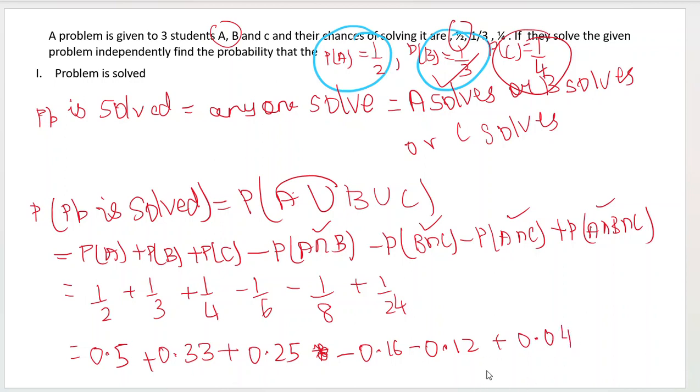So when all these things are added, we get the answer as 0.76. Using calculator, when you add all these things, you should get the answer as 0.76. With this, we come to the end of the part of problems involving addition and multiplication theorem.